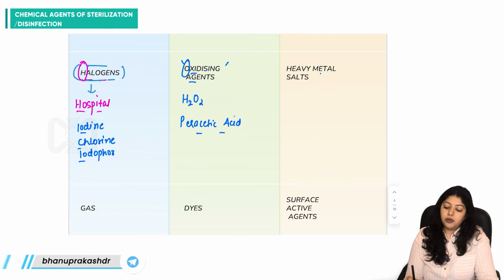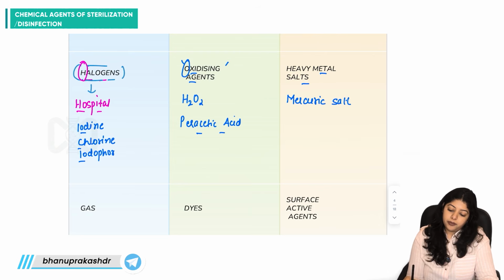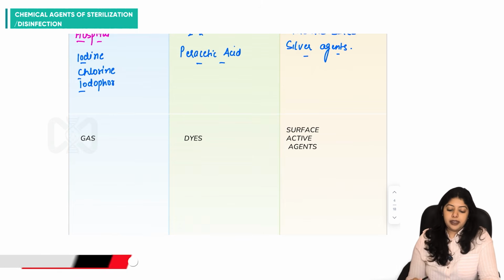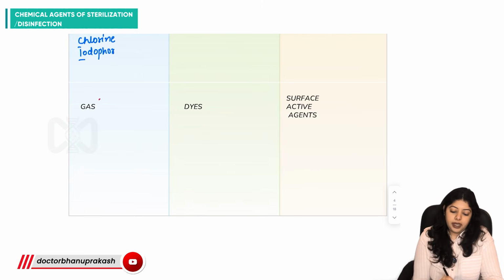Then heavy metal salts include mercuric salts, silver agents, etc. For gases, we have a very important agent, that is ethylene oxide.